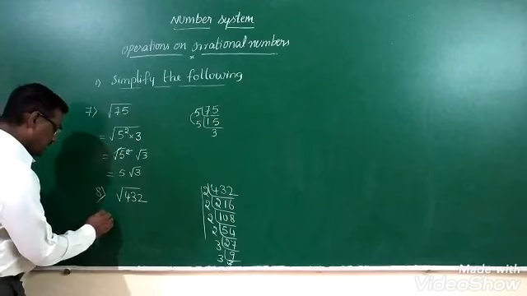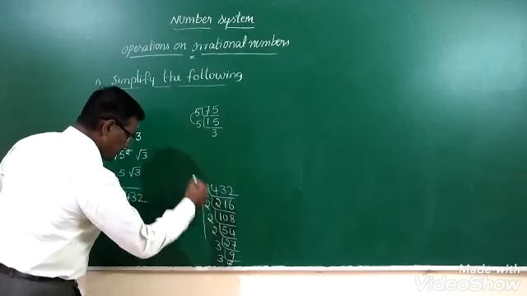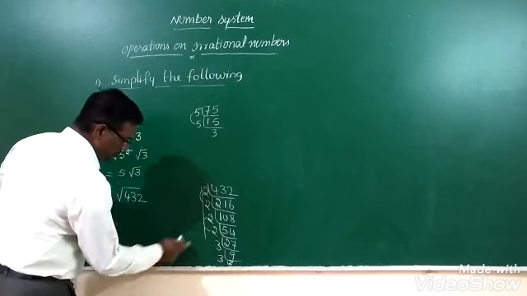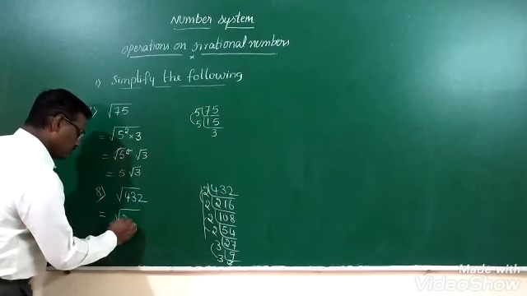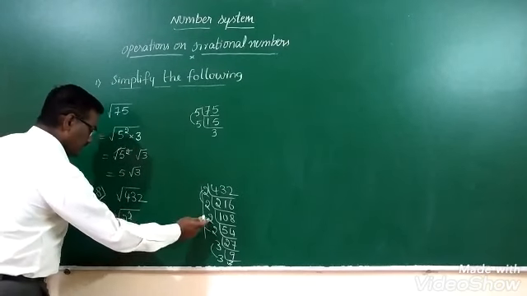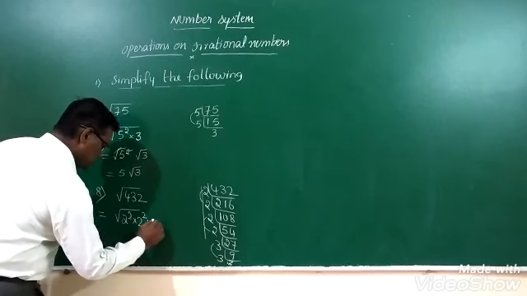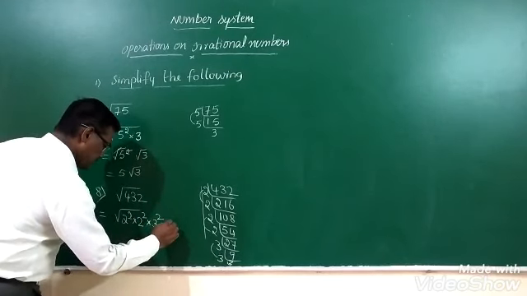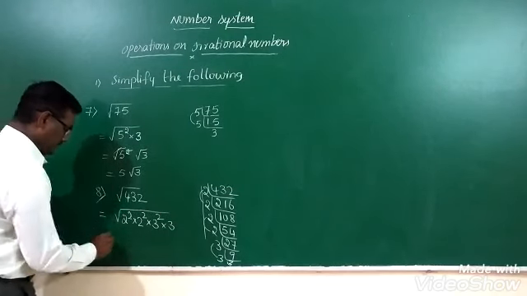Therefore, we can write this root 432 by taking pairs of numbers: 2 into 2, and here 3 into 3. Observe now, 2 into 2 is 2 square, another 2 into 2 is 2 square, another 3 into 3 is 3 square, and there is one more single number, that is 3.